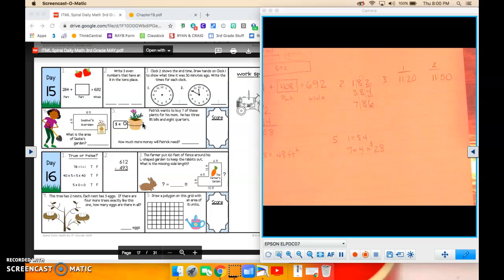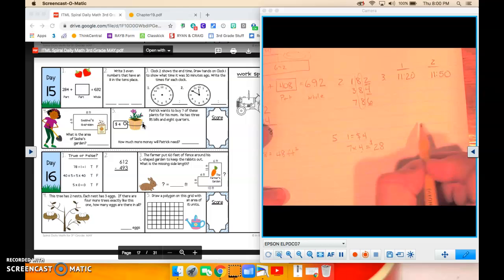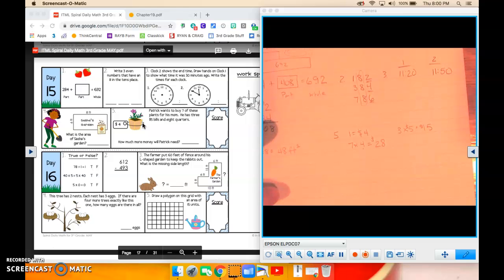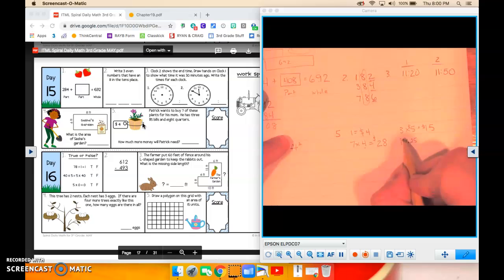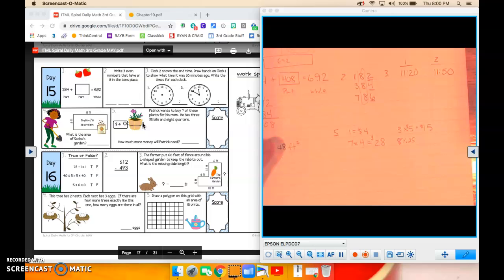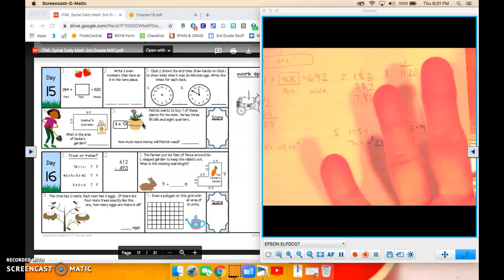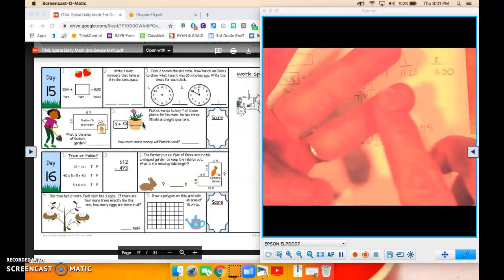He has 3 $5 bills. So how much is that? Well, 3 times 5 equals $15. Oh, wait. He has more. 8 quarters. 8 times 0.25, excuse me, that's an 8. 8 times 0.25 or 8 quarters, so you can also count 25, 50, 75, $1. 25, 50, 75, $1.